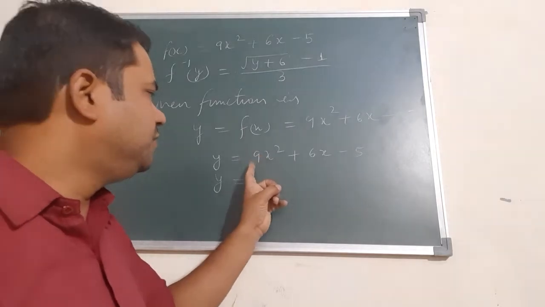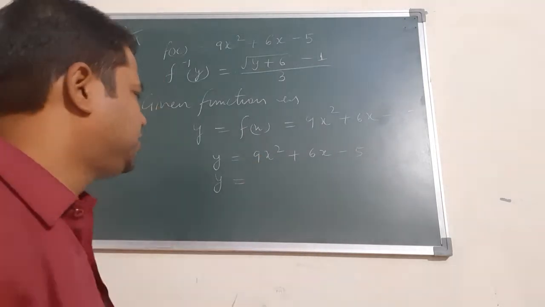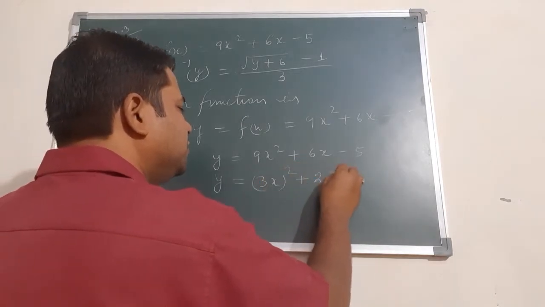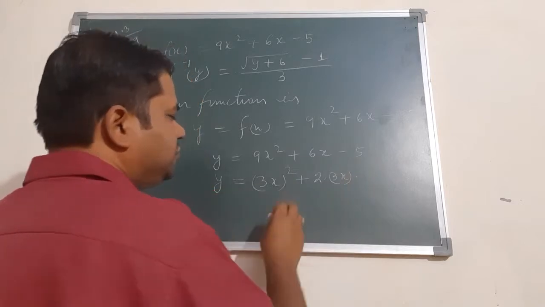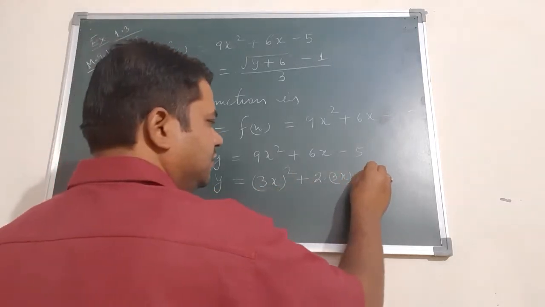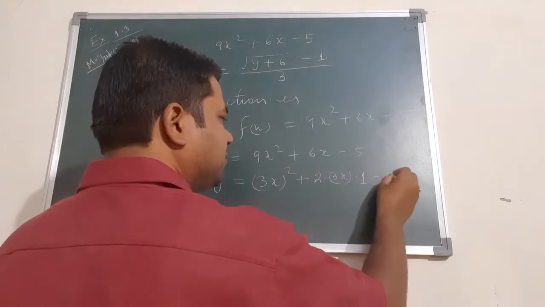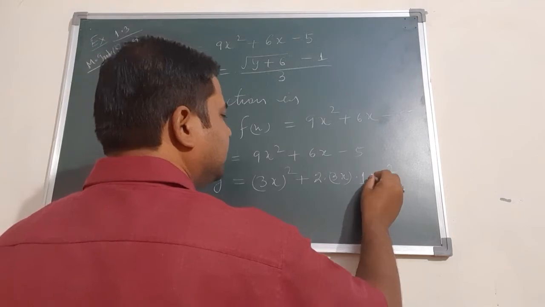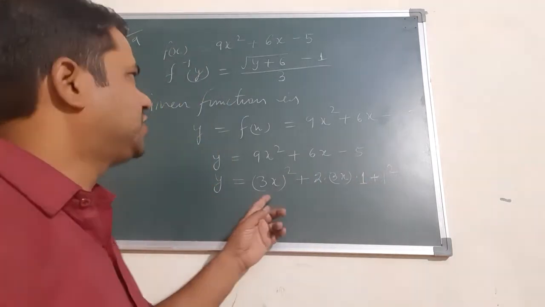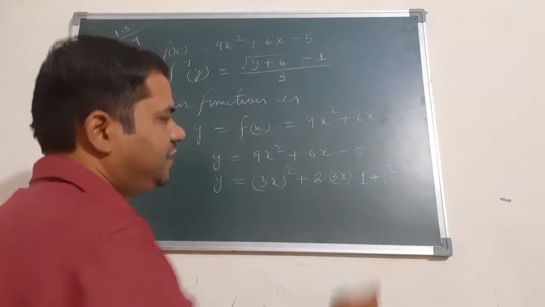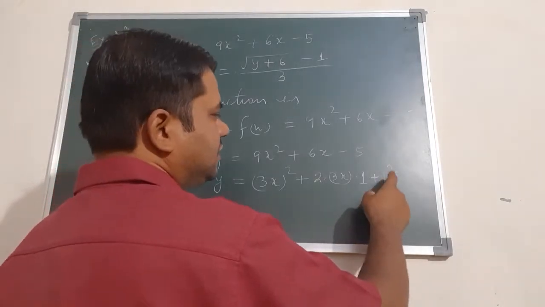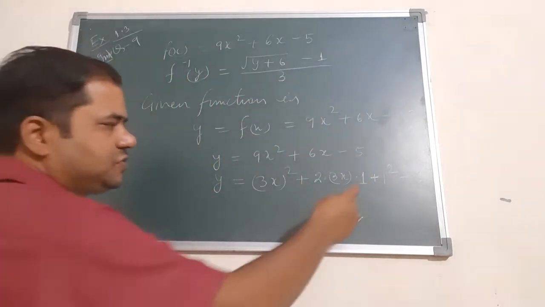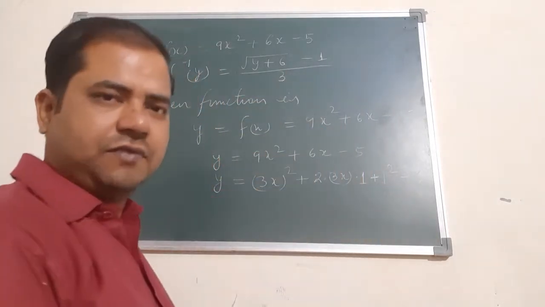For this, we must make it a complete square. So (3x) whole square plus 2 into 3x into 1, plus 1 square, that is (3x plus 1) whole square, and then minus 6, because 1 minus 6 is minus 5 only.